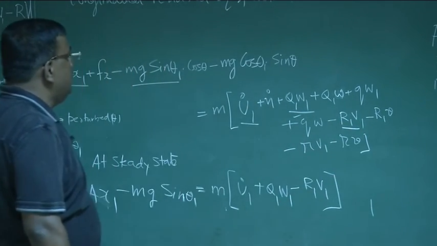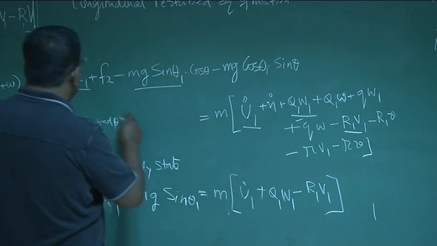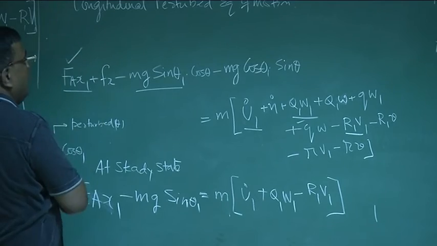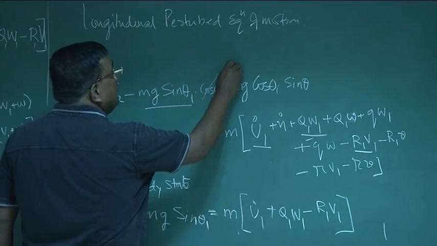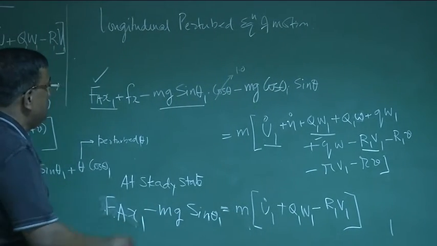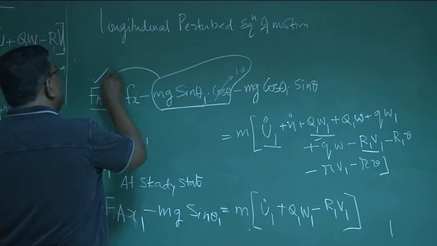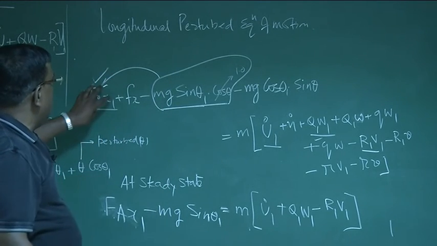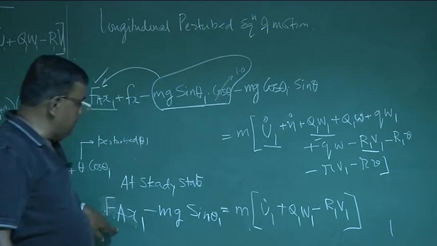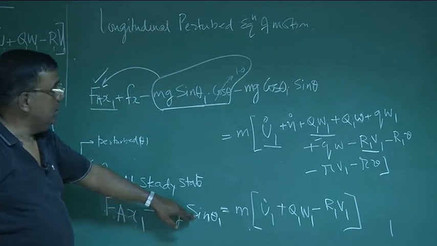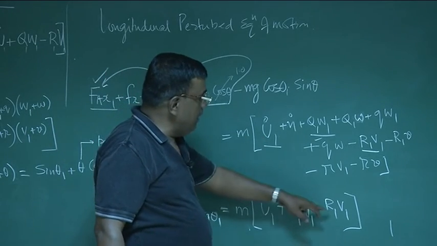This is actually equal to FAx1 and mg sine theta 1 cos theta. This becomes 1 because of theta being small. So this term also gets coupled with this term. So now I can say FAx1 minus mg sine theta 1 is equal to m u1 dot plus q1 w minus r1 v.